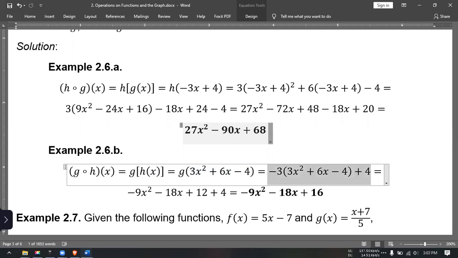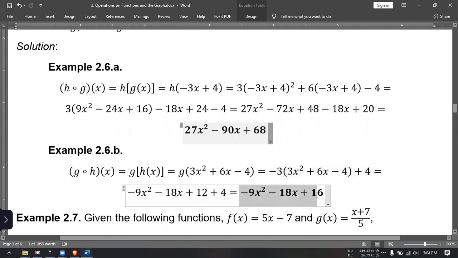So our x here is replaced by H, which is 3x squared plus 6x minus 4. By distribution, we have negative 9x squared minus 18x plus 12 plus 4. By similar terms, we have negative 9x squared minus 18x plus 16.